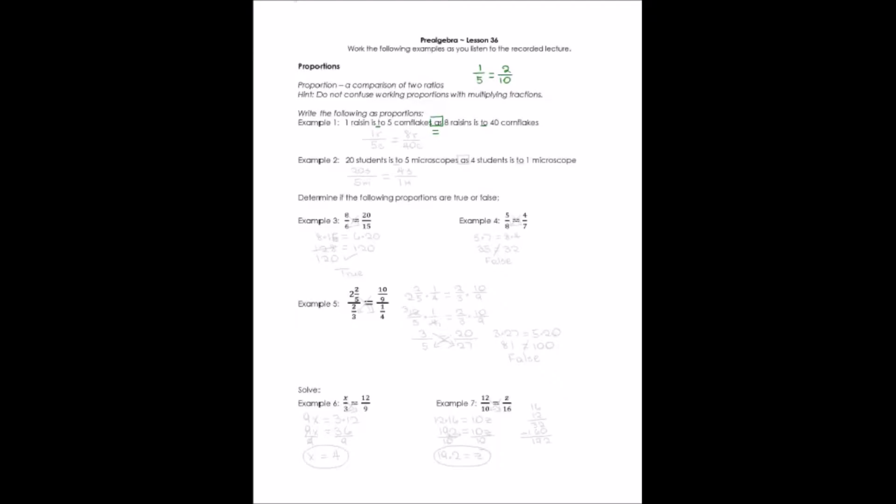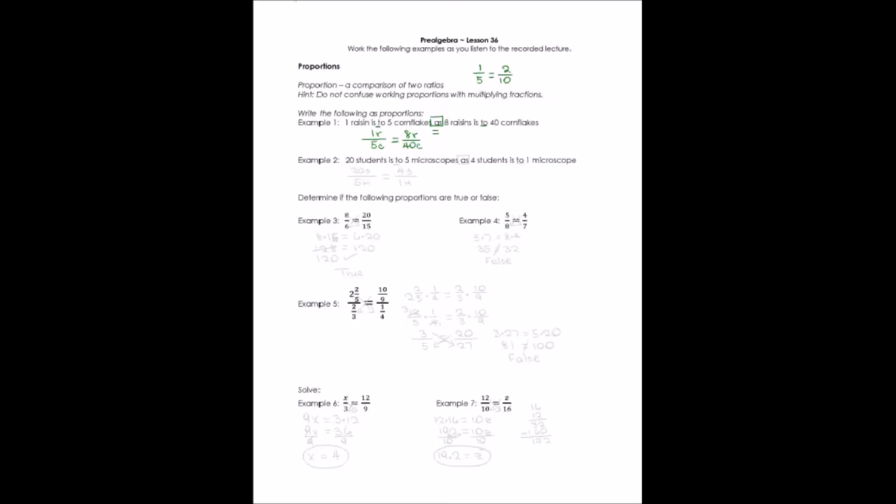So when we set it up, we'll say 1 raisin, and with ratios you always use labels, even if it's just the first initial, 1 raisin is to 5 cornflakes, as, there's your equal sign, 8 raisins is to 40 cornflakes.